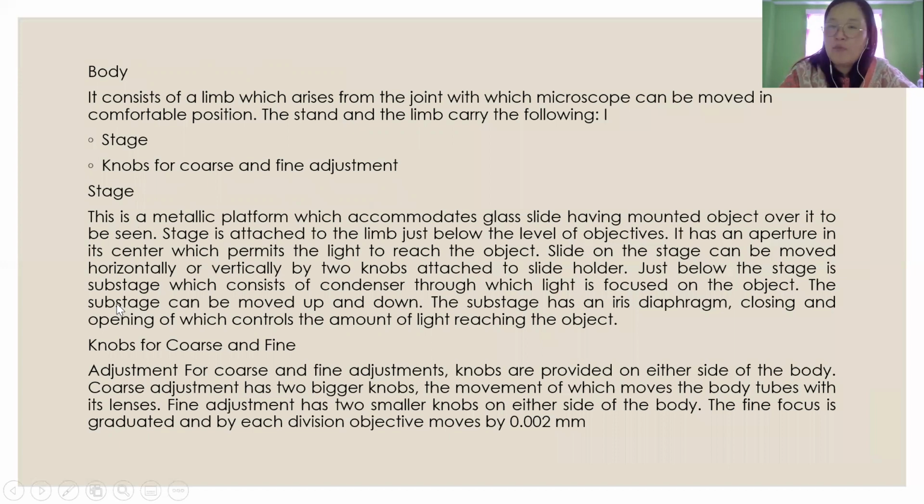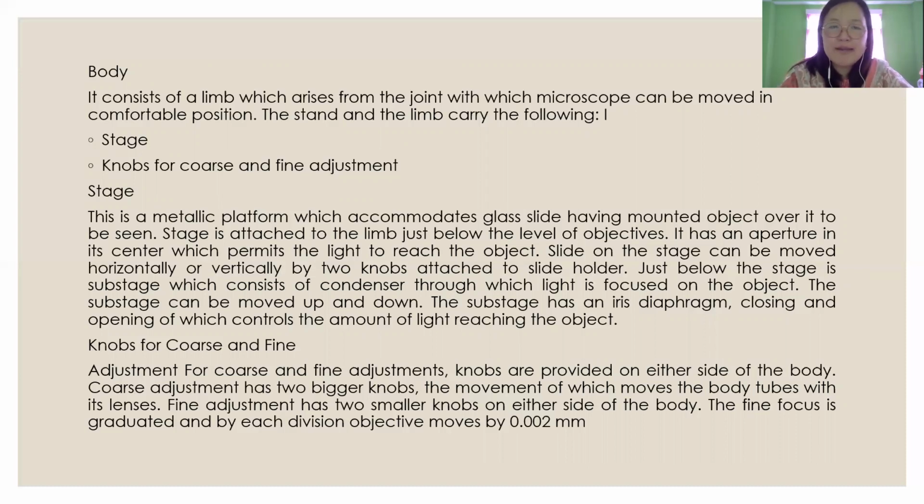Next is the body. The body has two components: one is the stage, the other is the knob. The stage is a metallic platform on which you keep the slides you're going to observe, and the stage is movable. Depending upon what objective you're using, for example the 100x objective, you can make the stage go up or downward.